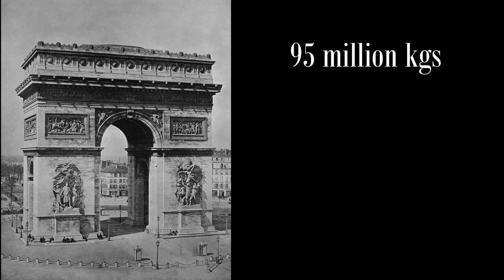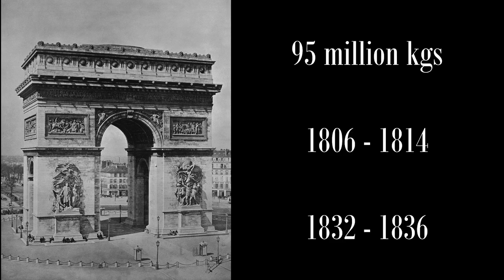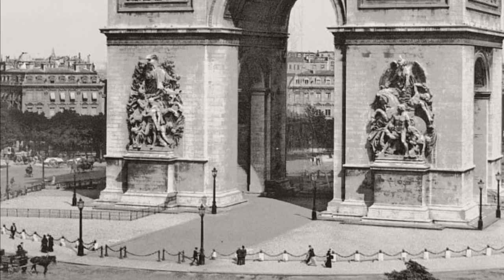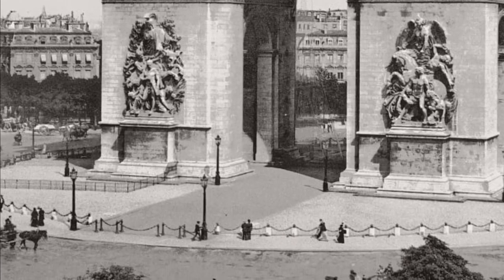They tell us it took 12 years to build the giant arch in two different periods, between 1806 to 1814 and between 1832 to 1836. How did they transport this amount of limestone with the same horse and carts that we see in the photographs?